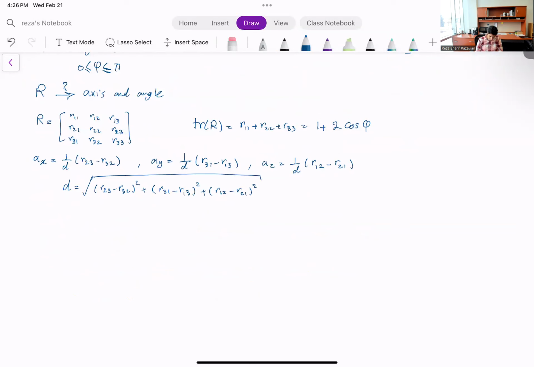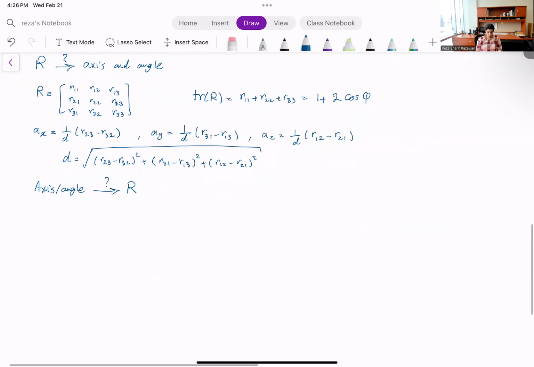Going the other way, if you know axis and angle, how can you go to rotation matrix? To do this, let me define a couple of notations. My rotation matrix R, I can write as the summation of two matrices, RS and RA.